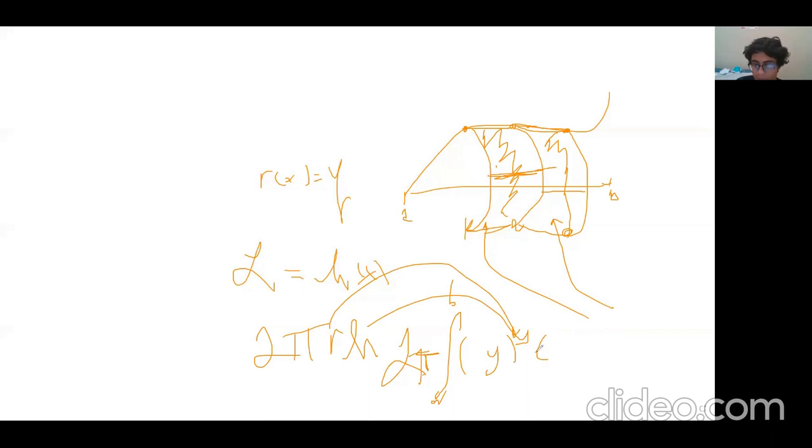And so let me give myself some more room to write this. The length is the square root of 1 plus f prime of x, this dy over dx, that was just the derivative, squared, dx. So the dx comes outside the parentheses because you're adding up a lot of these.